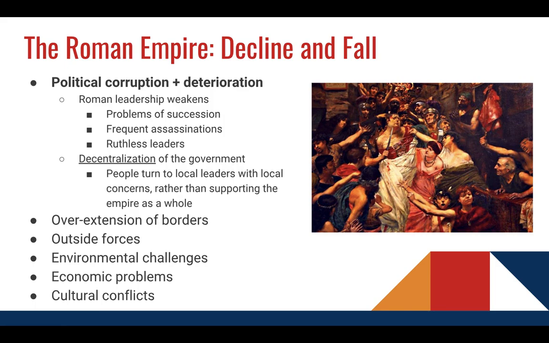Instead of worrying about invasions halfway across the empire, people are worried about, let's say, getting food on their table, and they turn to the local aristocracy to solve these problems. And as people turn to local influences, they start to rely less and less on that centralized government, effectively weakening it.